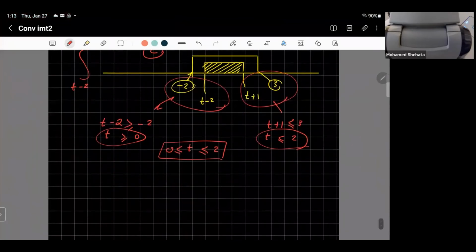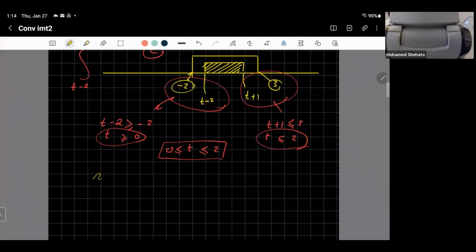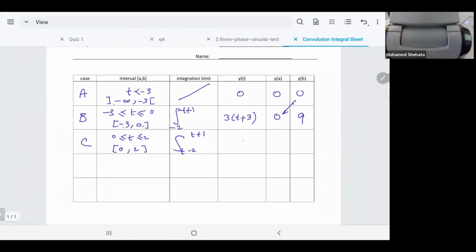All right. Now I'll do the integration. That's an easy integration, because the function, intentionally I made it easy. So y of t will be equal to the integration from t minus 2 to t plus 1 of 3 d tau. I found the t's cancel after I integrate, equal 9. So the value of integration is equal 9.